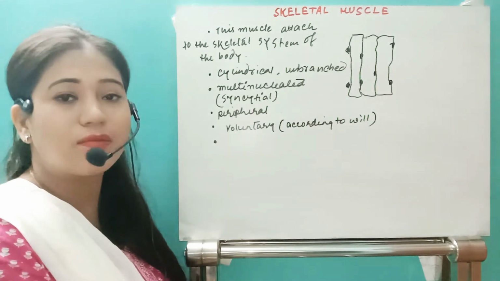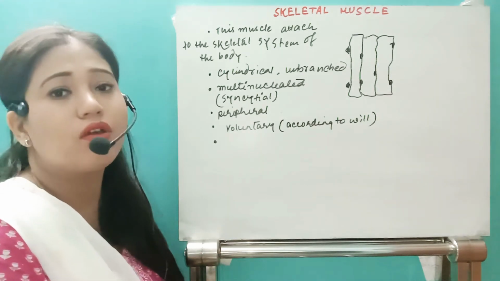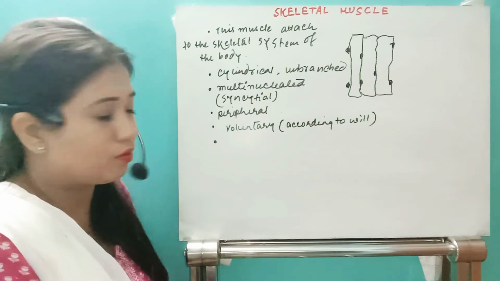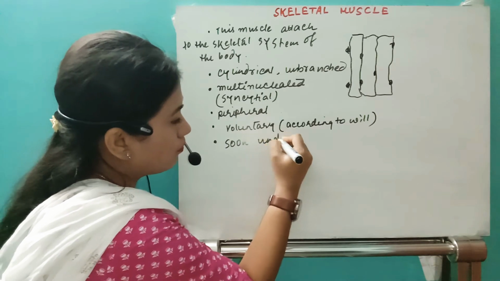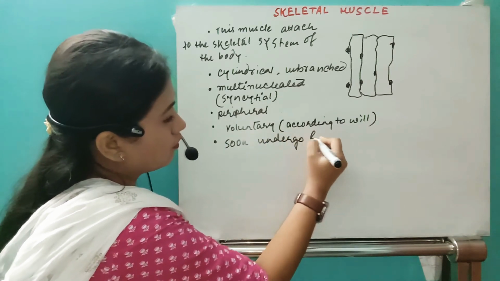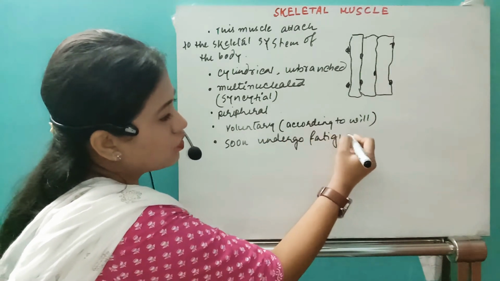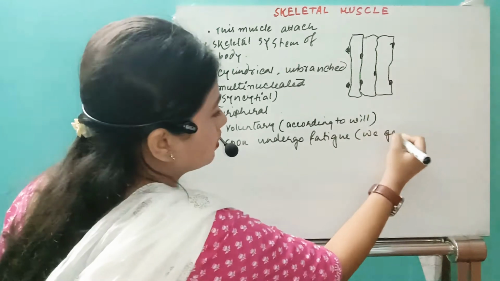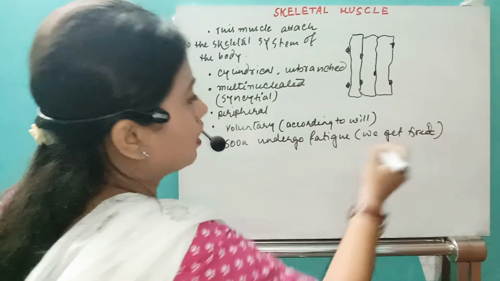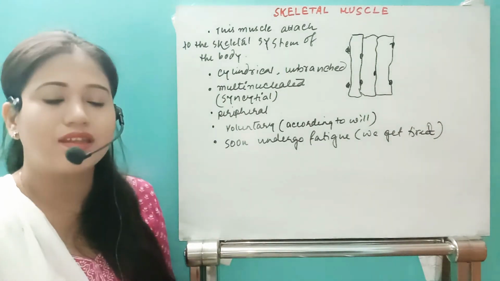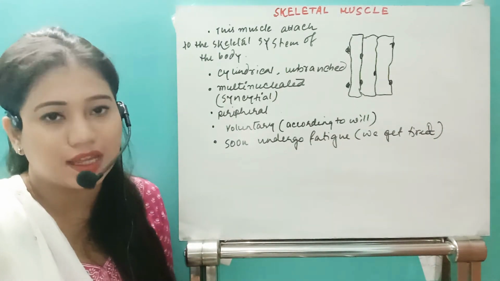But after some time, this skeletal muscle will get fatigued. Okay, so it soon undergoes fatigue, that means we get tired, right? So in simple words, it undergoes fatigue, or we easily get tired.